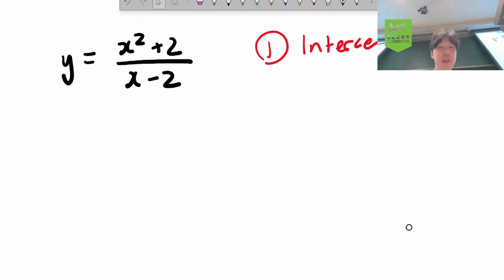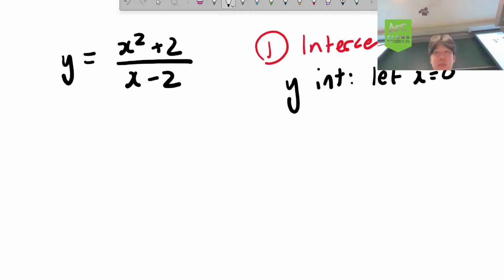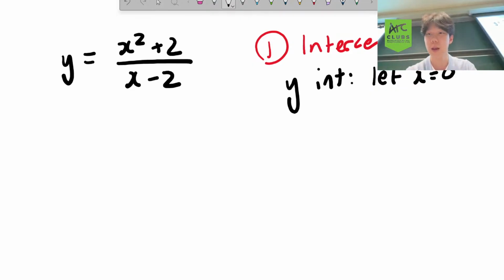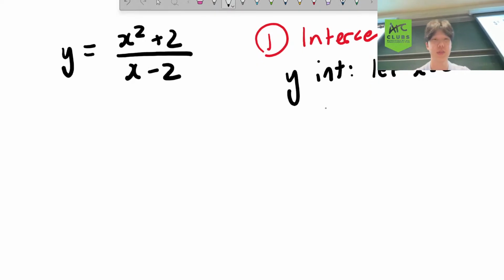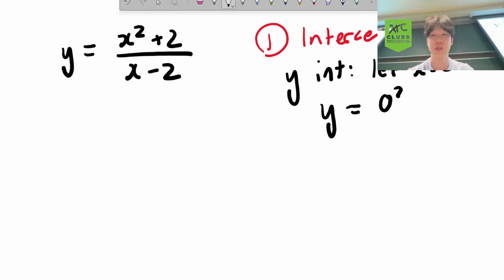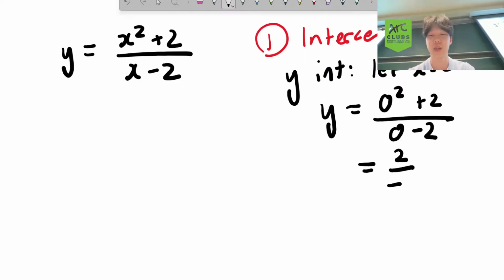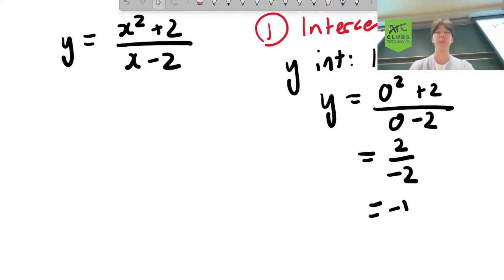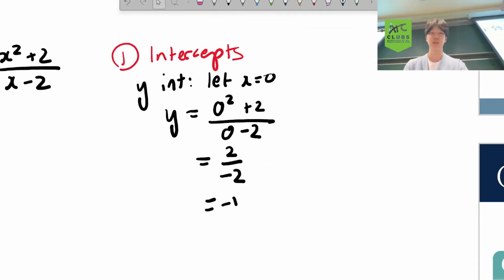For the y-intercept, I have to let x equal 0, because that's when the graph crosses the y-axis. So when x is 0, y is equal to (0 squared plus 2) over (0 minus 2), which is 2 over minus 2, which is minus 1. So we have a y-intercept of minus 1.